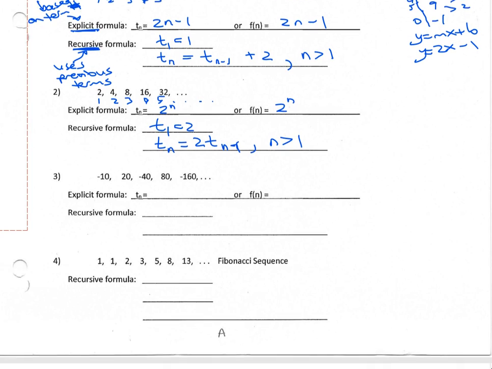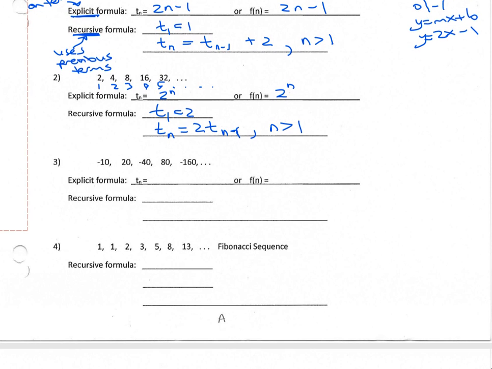Question 3, recursive formula for this one here. So always with recursive formula, you have to give it where to start. And now you look at how each term is related to the term before that. Sorry, I have to tell it where to start. So T1 equals negative 10.